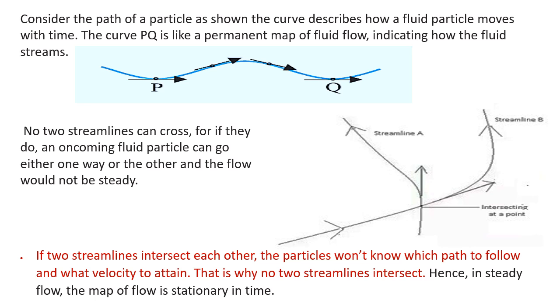And you can see that the direction can be given by the tangent at that particular point, as in the diagram shown at 2 points P and Q. No two streamlines can cross because if they do so, an oncoming fluid particle can go either one way or the other and the flow would not be steady.